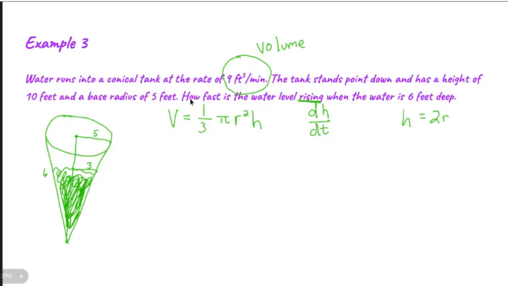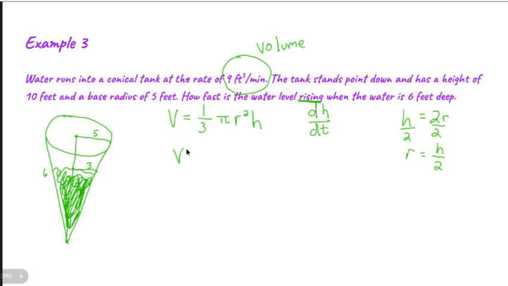So by identifying how fast, again, related rate with respect to time, is the water level rising, we're talking about dh/dt. So if we plug this in right now, we're making everything in terms of r, which we don't want. So I'm going to go ahead and divide by 2 and say r equals h over 2 and plug that into r here.